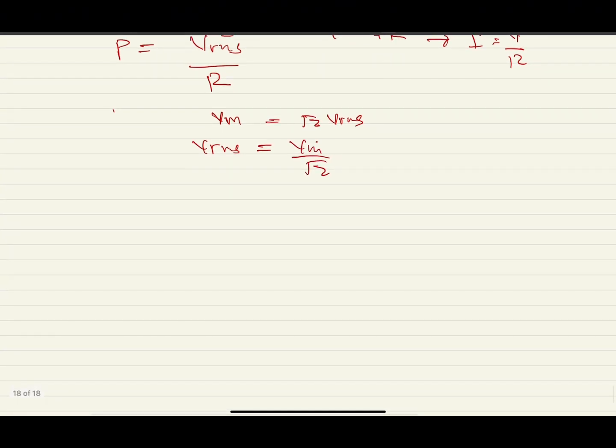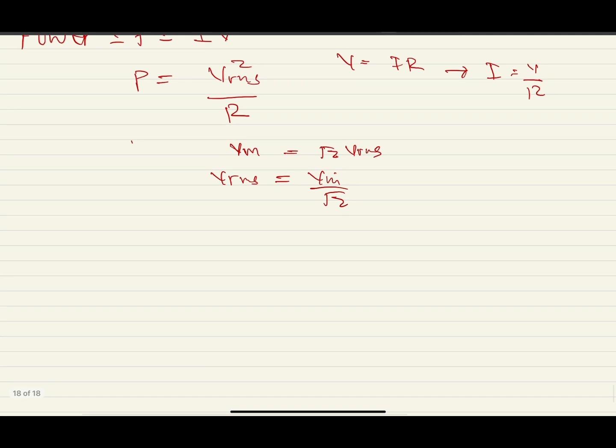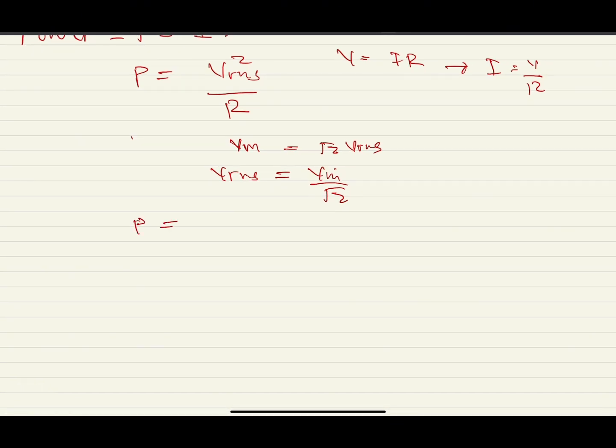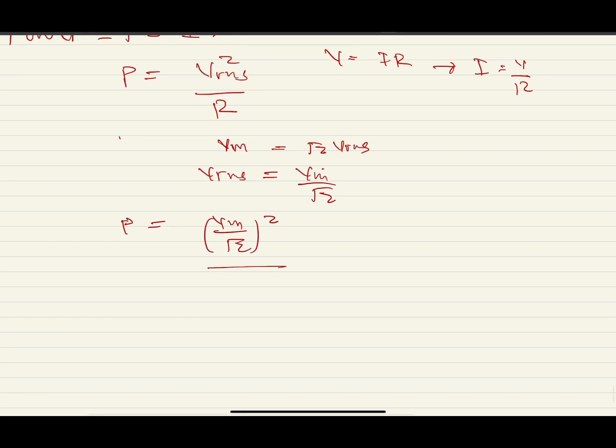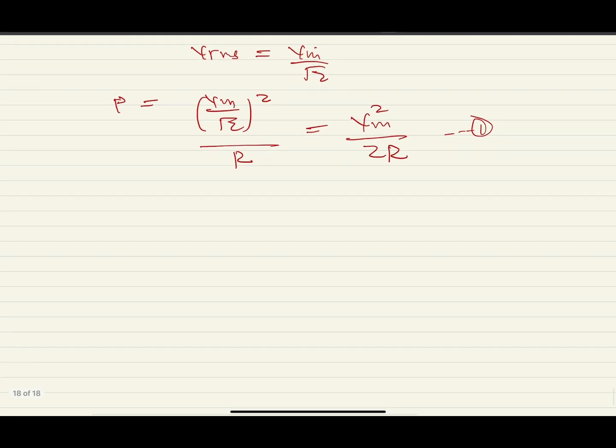We can replace this into the power equation, and we get P equal to VM over root 2, all squared, over R. Therefore we get VM squared over 2R.